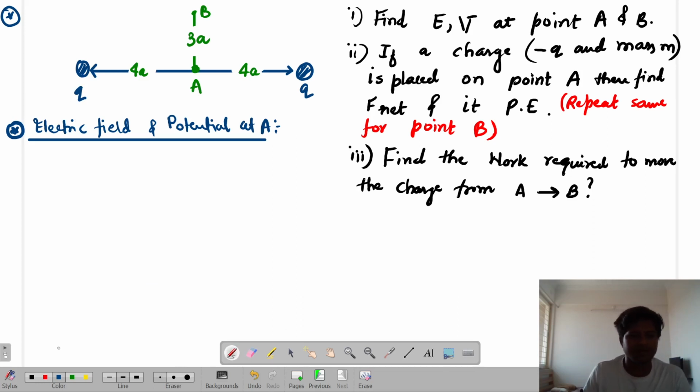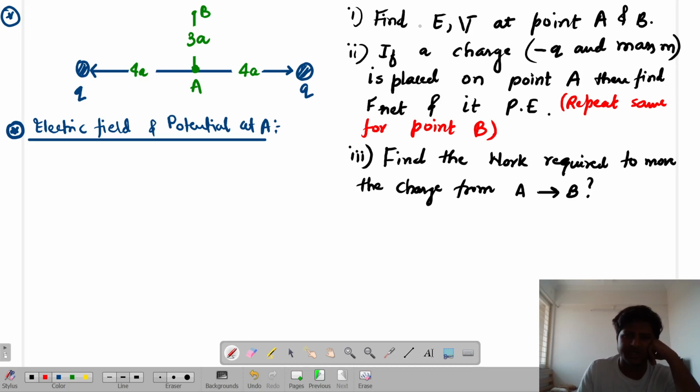Okay. So look over here. If I consider just plus Q, I could have considered minus Q because you can take minus Q also. But here in the book plus Q is given, so that's why I am taking plus Q. You can change it. Definitely, you can change. The second question is minus Q only.